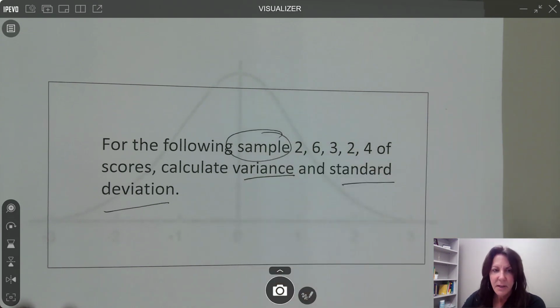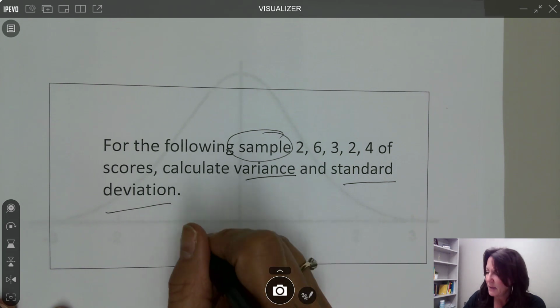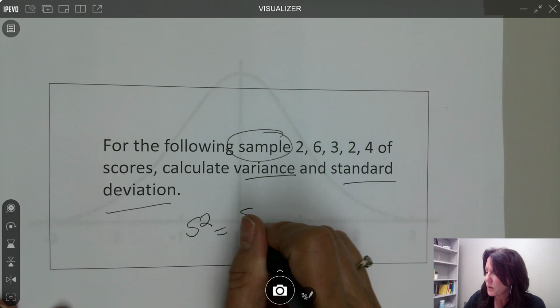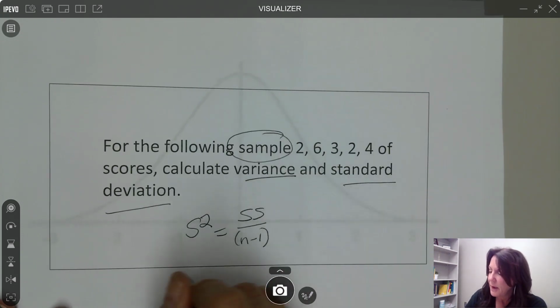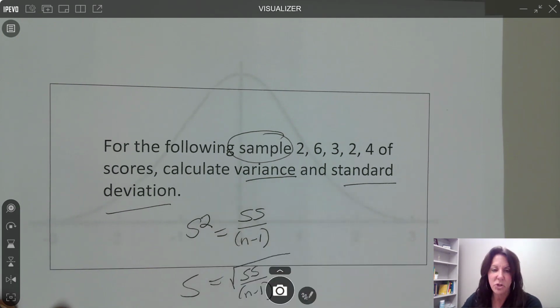All right. So I know that it's a sample, so the variance formula is s squared equals the sums of squares divided by n minus 1 because it's a sample. And the standard deviation is just going to be the square root of that. Okay, I've got all this. I've got it all on the Excel sheet, so let's go there.